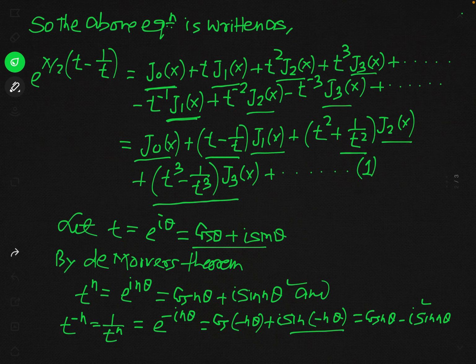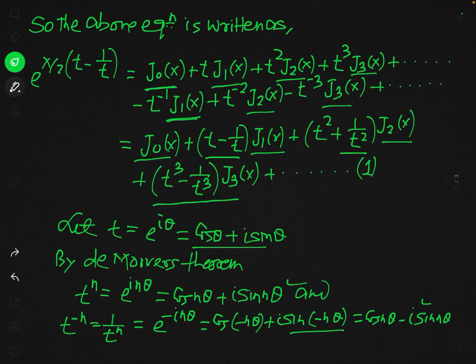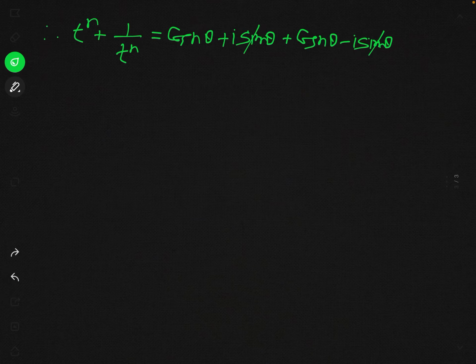So this will be simply equal to cos n theta plus i sine n theta, and plus, as 1 over t is cos n theta minus i sine n theta, you can see i sine n theta will cancel out here, and the term will be 2 cos n theta.